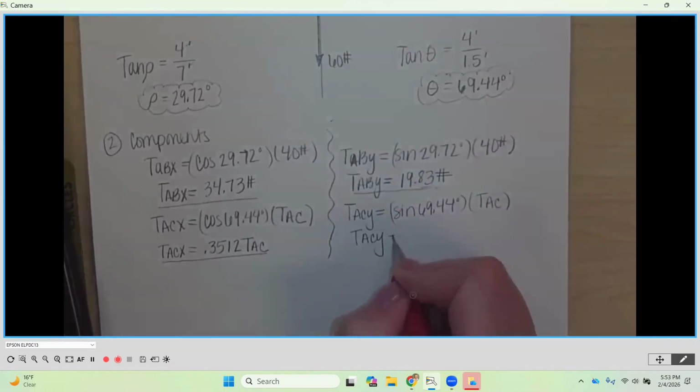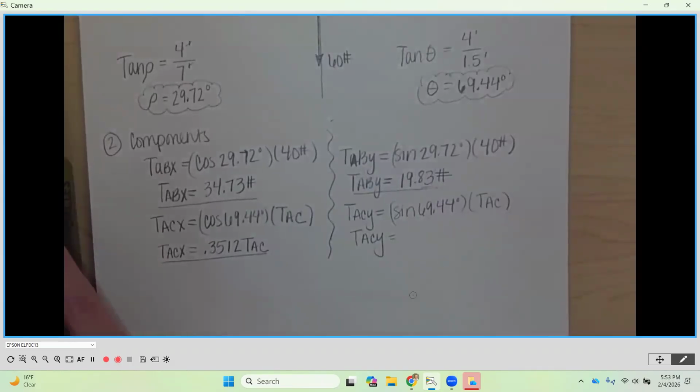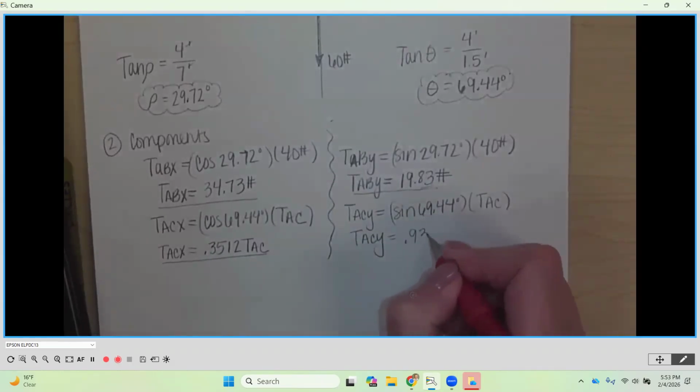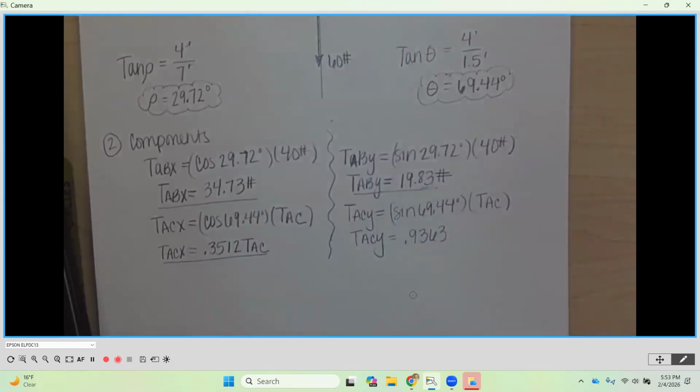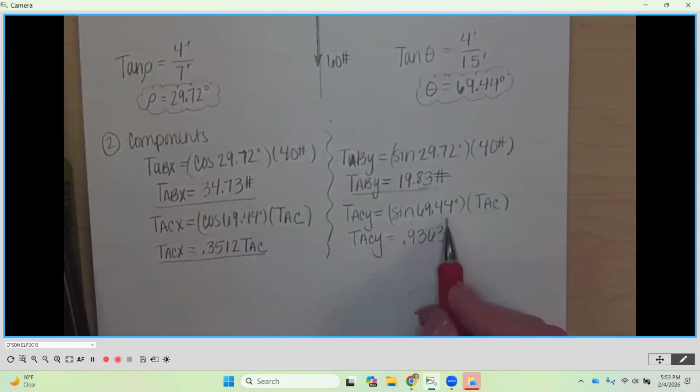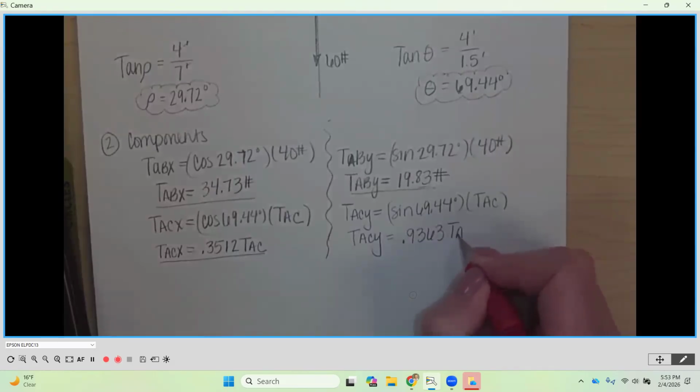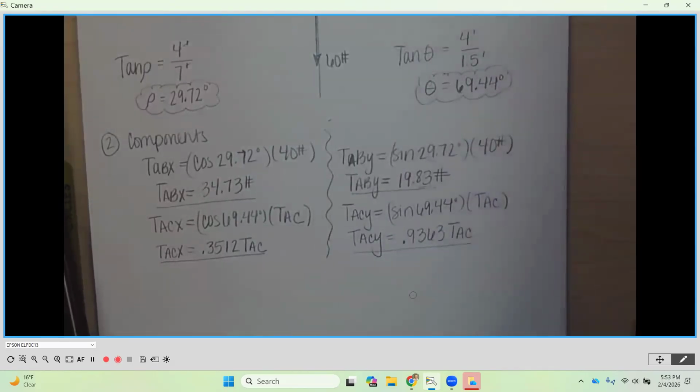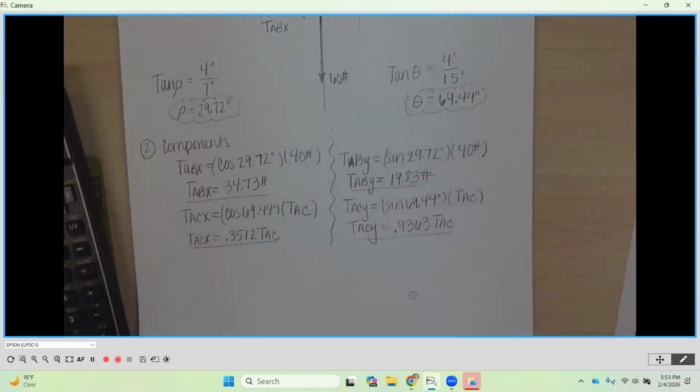So TACY is 0.9363 or something very close. Like I said, if you're holding more decimal places in your calculator, then it might be off just a little bit.